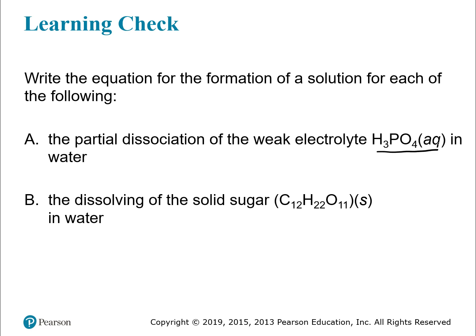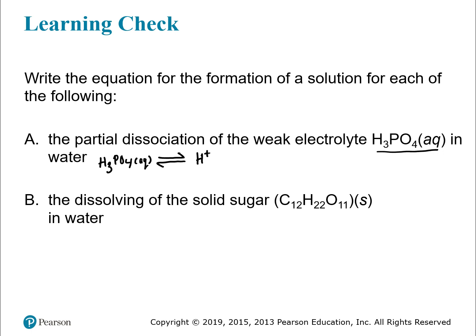We're only going to be concerned with one of them. Remember, with a weak electrolyte, it's going back and forth, right? So we need the forward and reverse arrow.